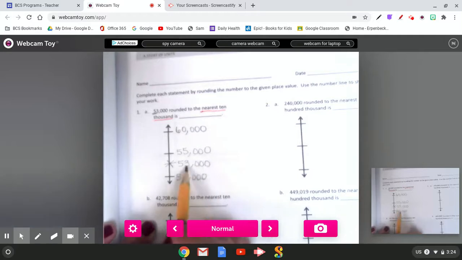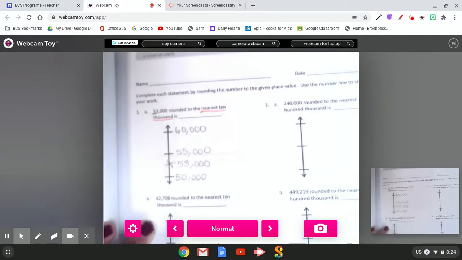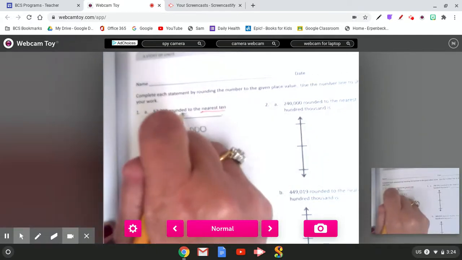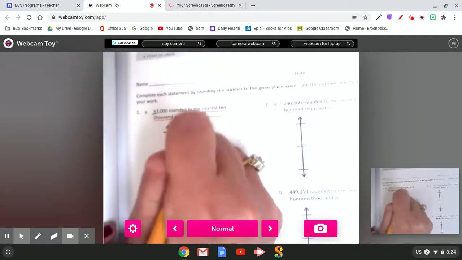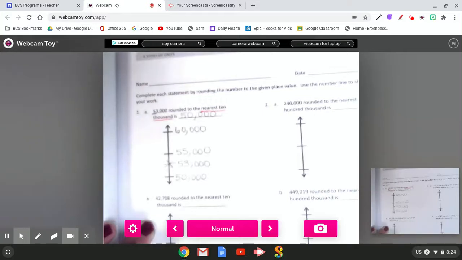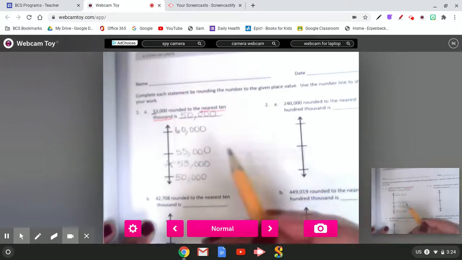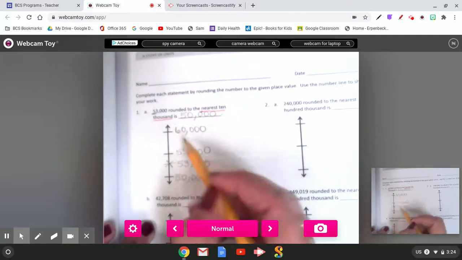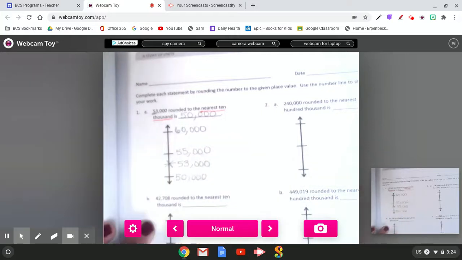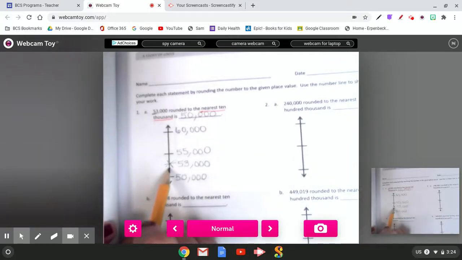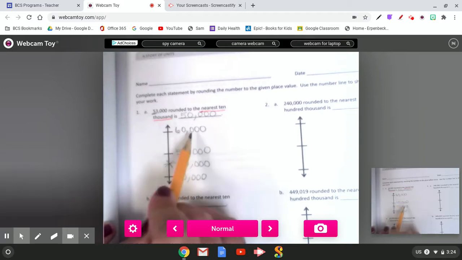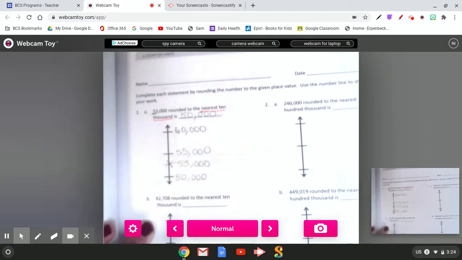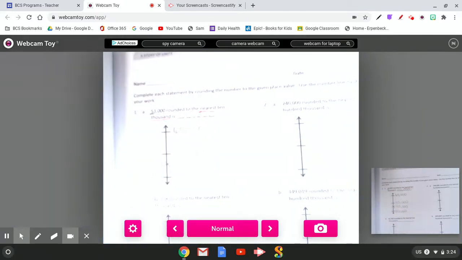So 53,000 is closer to 50,000 than it is to 60,000. Therefore, 53,000 rounded to the nearest 10,000 is 50,000. Okay, so we are practicing finding the midpoint and finding the nearest 10,000. You want to place it, and I like putting it as a star. That way I can know where it is in relation to our vertical number line. It helps you to visually see how to make that decision.